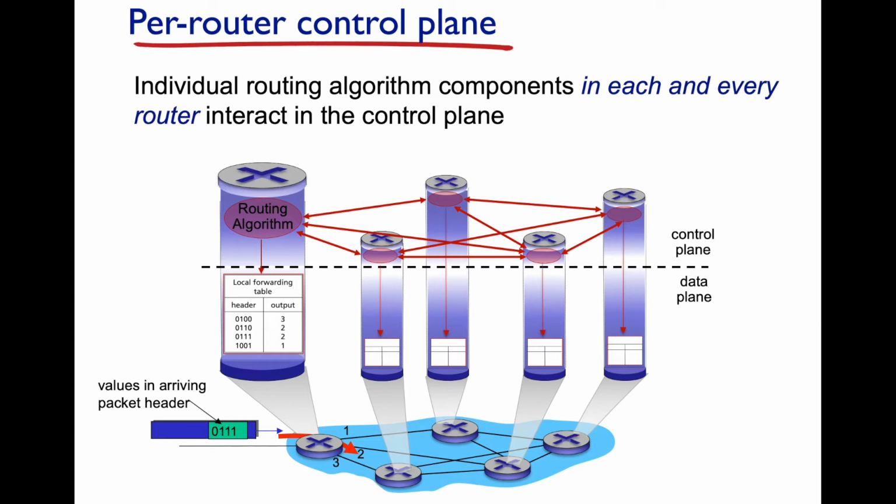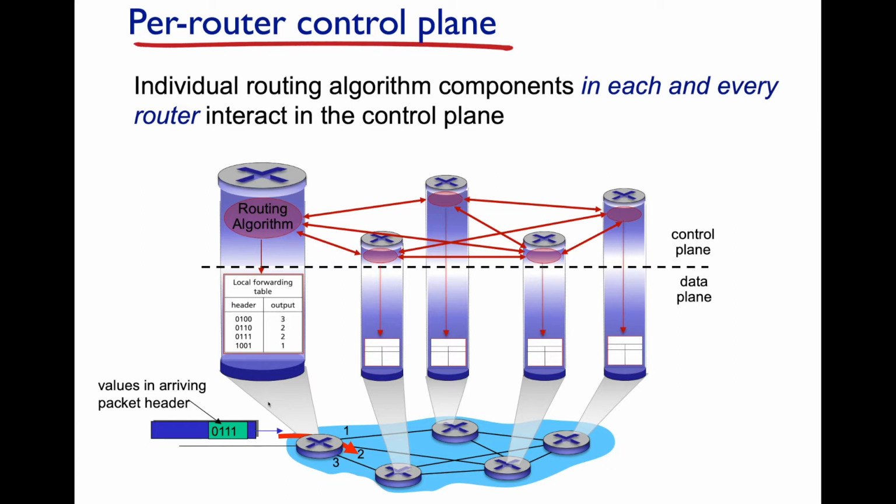This local forwarding table has a set of addresses, and these addresses are pulled from the address field of the network header. And these addresses are associated with ranges of numbers, and if the address in that packet resides between a certain range of addresses, then it's output to a particular port.